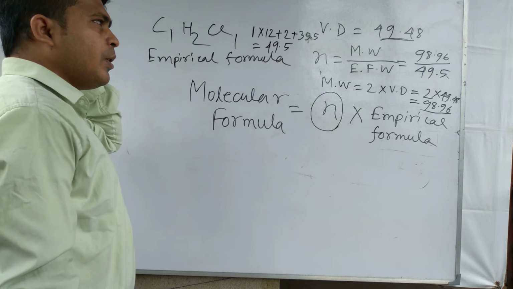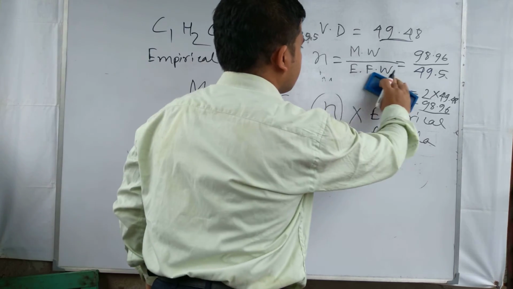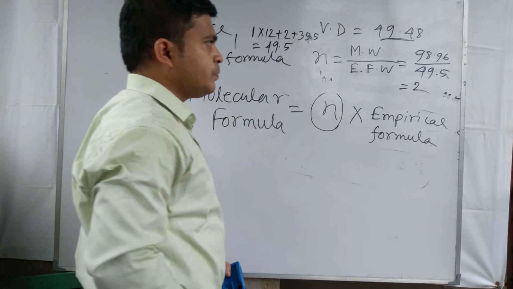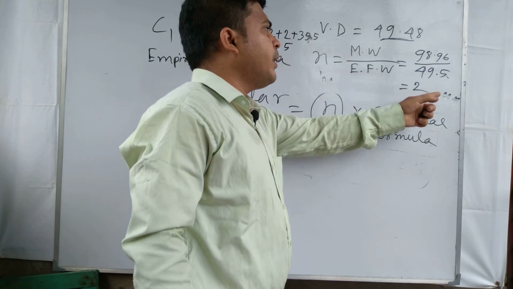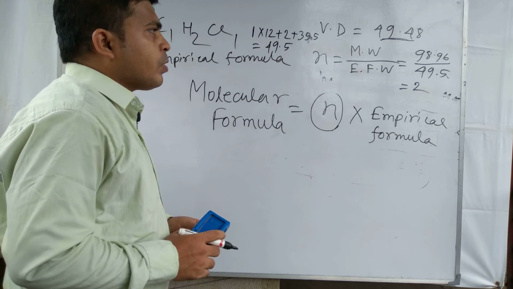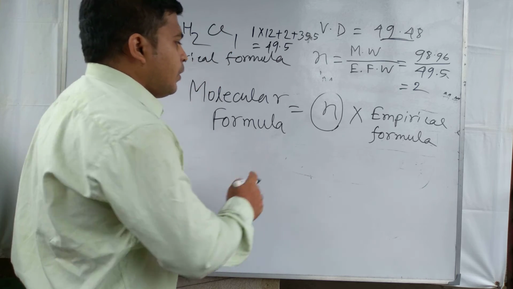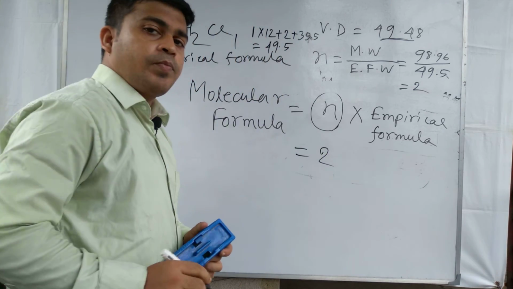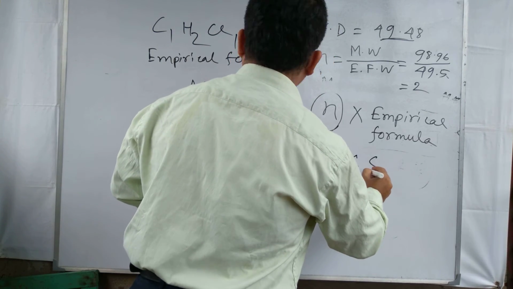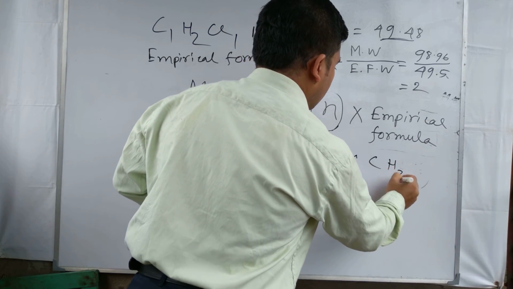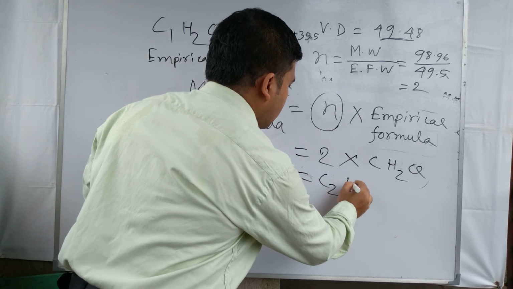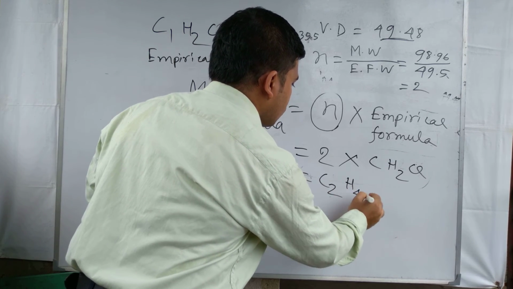You understand this, that right now our n is equal to 2, because when we divide 98.96 by 49.5, we get 2. Then n is determined, it is 2, and the empirical formula is CH2Cl. So therefore the molecular formula is C2H4Cl2.